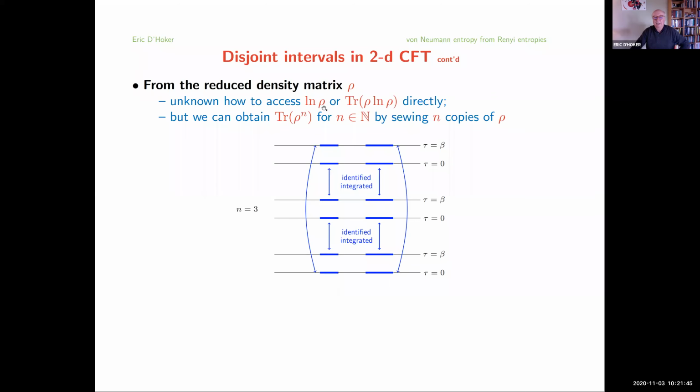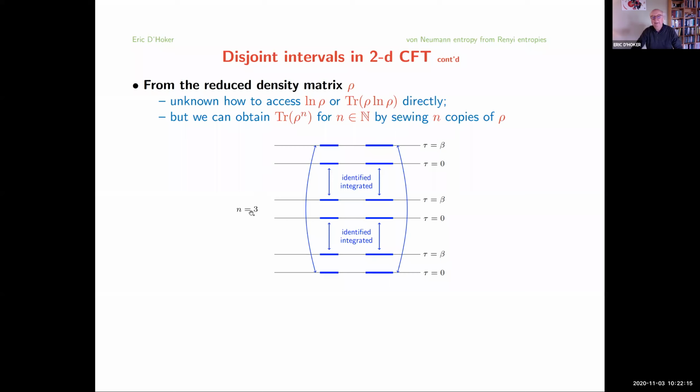That's a complicated operation which we don't know. On the other hand, what we can obtain is the trace of the nth power of rho, where n is an integer. The trace of the nth power is simply the multiplication of the density matrix rho n times, and then identifying and tracing over it.